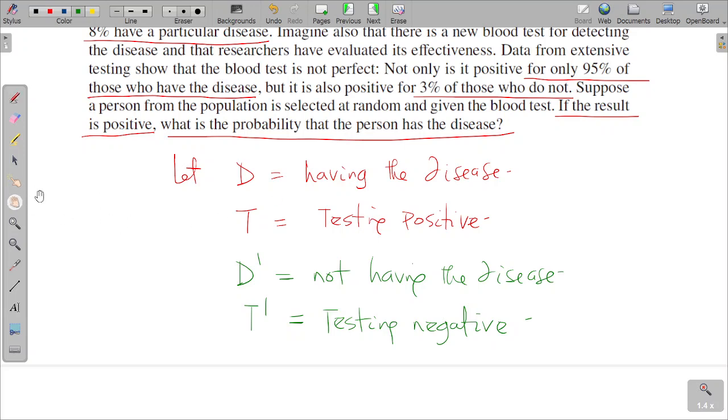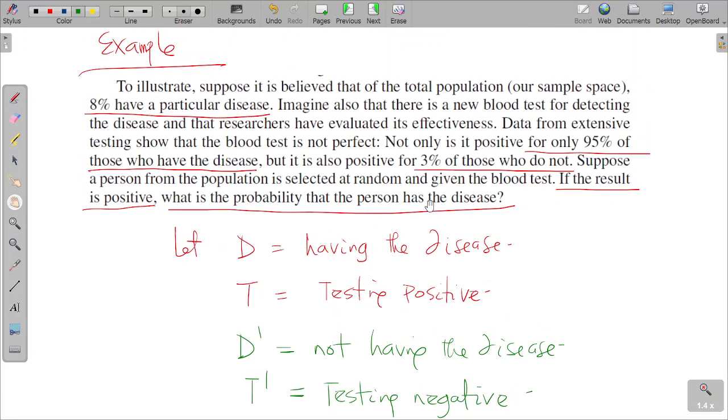All right, so let's read the question again. Don't forget, in conditional probability, you need to identify what is given and what you are looking for. If the result is positive, so you are given testing positive, what is the probability that the person has the disease?